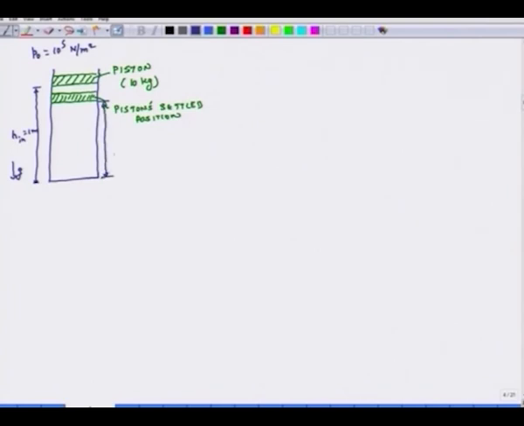And the new height is going to be h new. Please bear in mind that as it moves down, it moves very slowly and then it settles down at a final position.